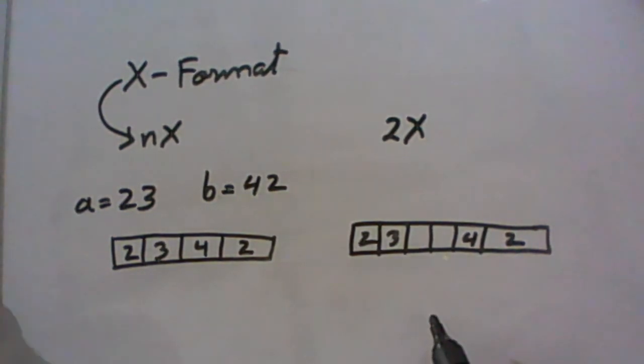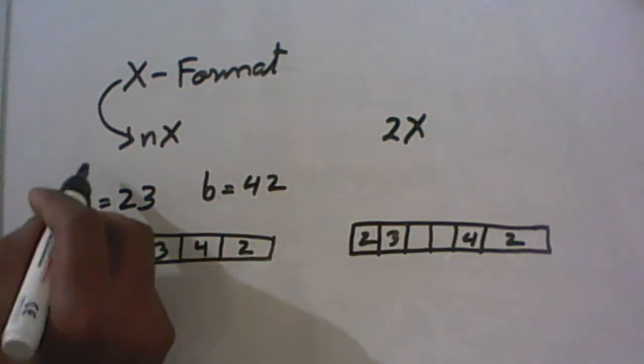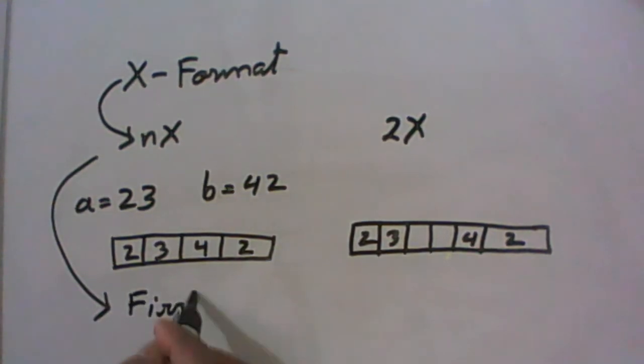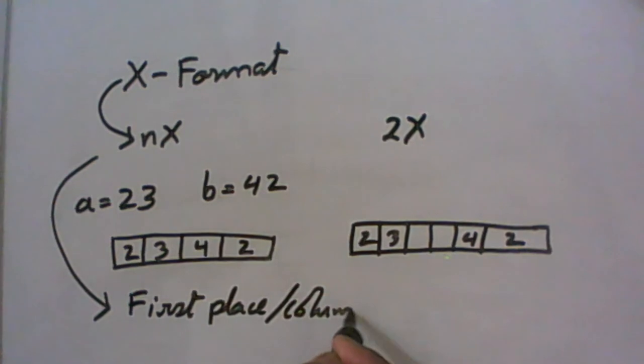There is another important thing in writing the output statement, which is mentioned in the notes also. In the output statement, the first place in Fortran, you can say it is a bug, the first place or column is lost.